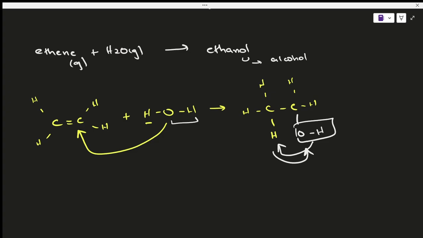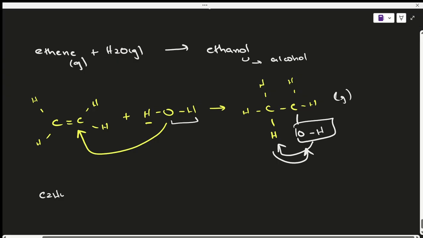And this product is also going to be in a gaseous state, and you need a catalyst for this. So for this reaction to happen, you have C2H4 gas, which reacts with water or steam.